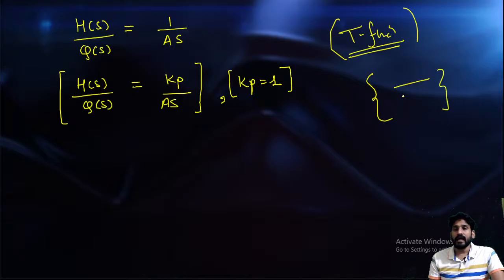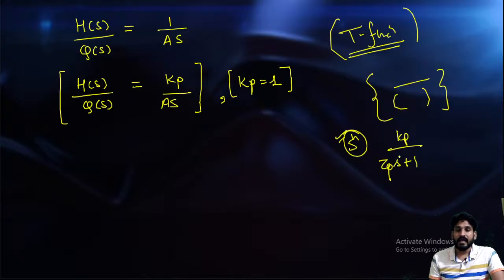See the denominator, and the maximum power of s in the denominator will be the order of that system. Like in the first order system, my transfer function is Kp divided by tau p s plus 1, and here s power is 1. For the second order system, it will be 2. For third order system, it will be 3.